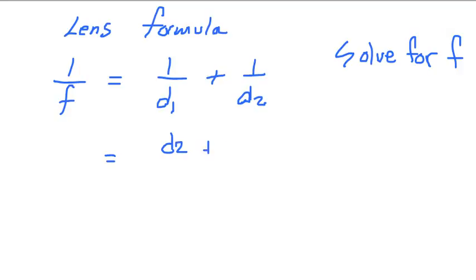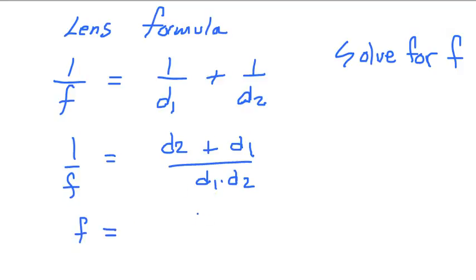Now we have 1 over F. And there's a trick you can do here: you can flip this, take the reciprocal, and flip the other side, so we end up with F is equal to d1 times d2 over d2 plus d1, or d1 plus d2, it doesn't matter.